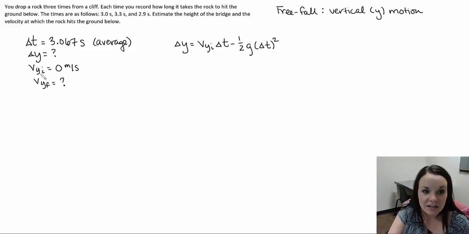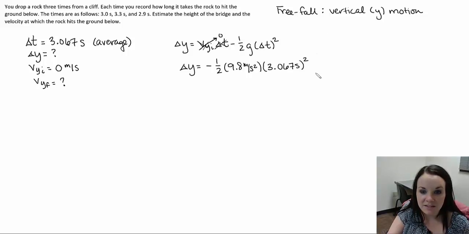Now, because our initial velocity is 0, I can cancel out that first term, and that will actually cancel out all of this because 0 times anything is 0. And then I can go ahead and actually calculate my delta y. Now remember, gravity is 9.8 meters per second squared here on Earth, and the time, our average time of all 3 trials, we found was 3.067 seconds.